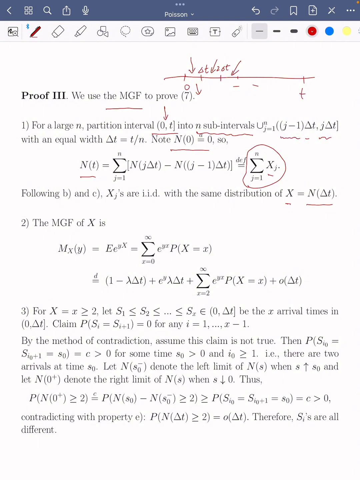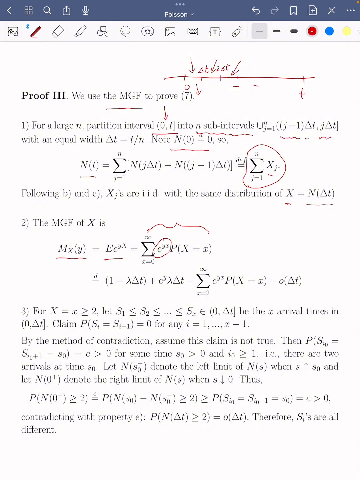So we can write the moment generating function of x as this. If we write it out, it's equal to this one. And you can see this part, e to the y times x.